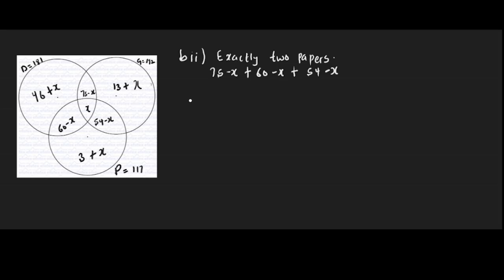That is those that read exactly 2 papers. Here 75 minus x, here 60 minus x, and here 54 minus x.